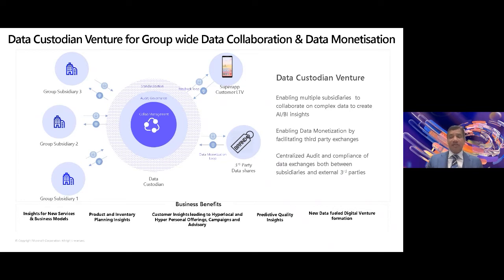Now, when you have a large organization and multiple different business units, typically each of those business units have their own repository of information, their own way of looking at it, the data lakes, and how that information is stored. And particularly in the Asia Pacific region, often at times being able to share information even across multiple business units within a very large organization tends to be a complex challenge in and of itself.